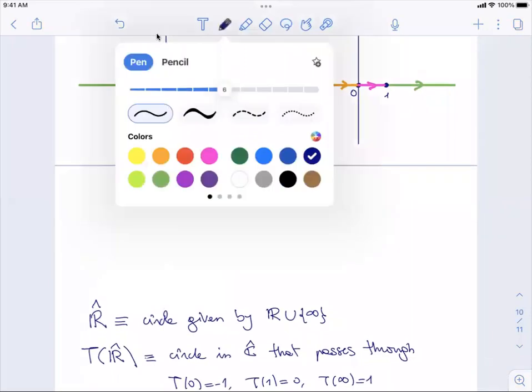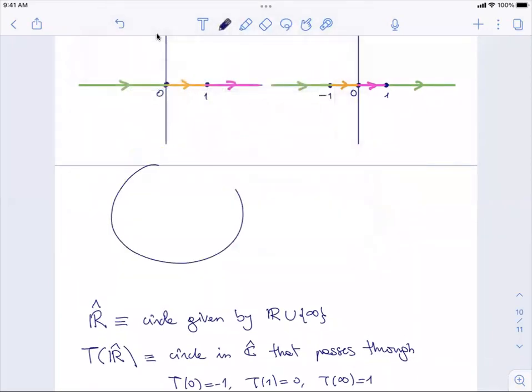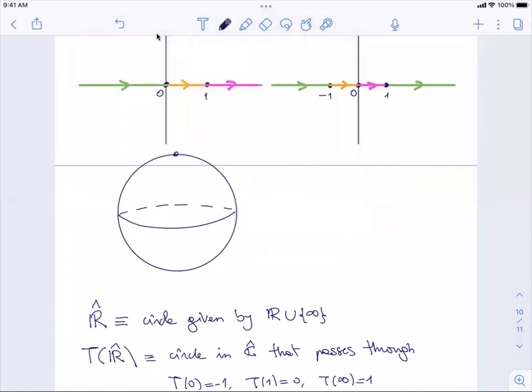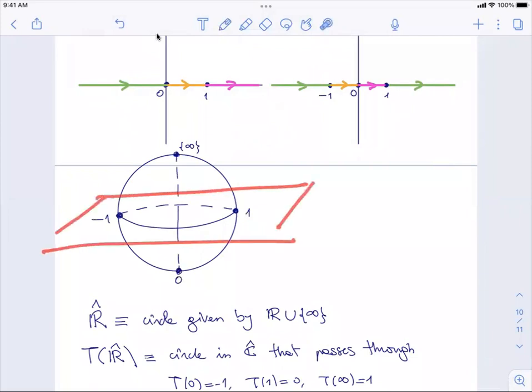So let's say we have here our Riemann sphere, okay? And remember, this is the point of infinity. This is -1. This is 1, okay? And here, this point is the point that gets mapped to 0, okay? Now remember, the complex plane is right here.